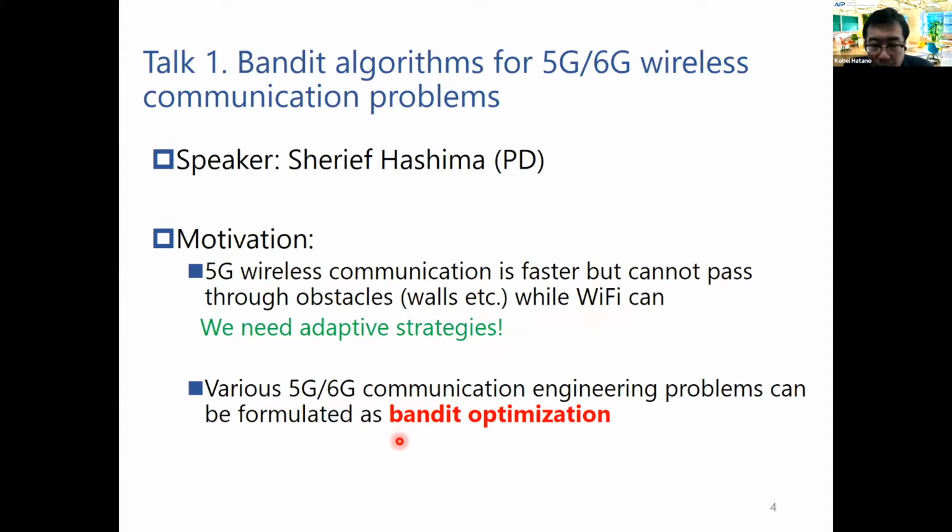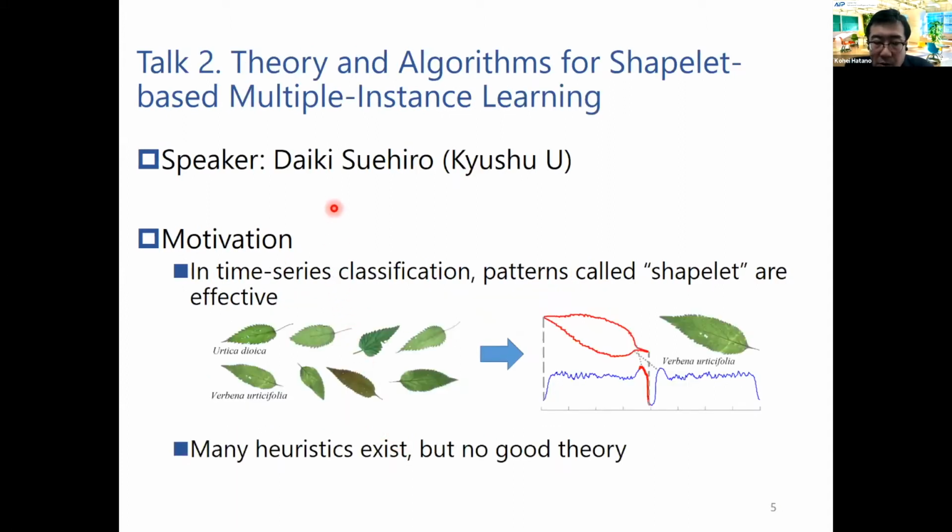Then the second talk is about theory and algorithms for Shapelet-based multiple instance learning. The speaker is Daiki Suehiro of Kyushu University, a visiting researcher of our team. The motivation in this topic is that in time series classification, patterns called shapelets are quite effective.